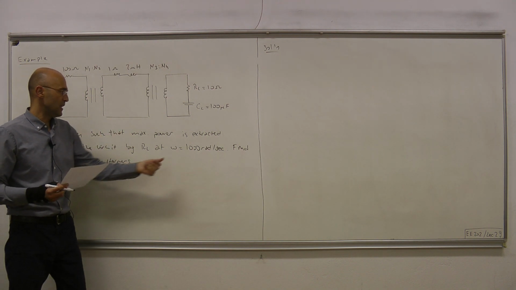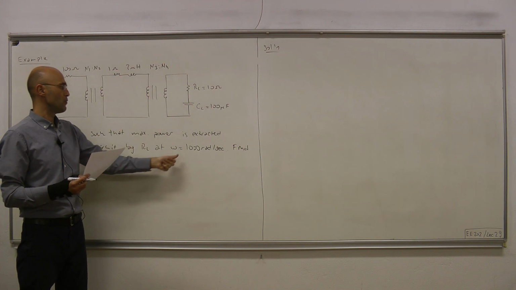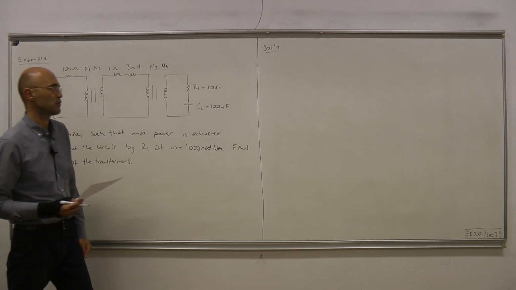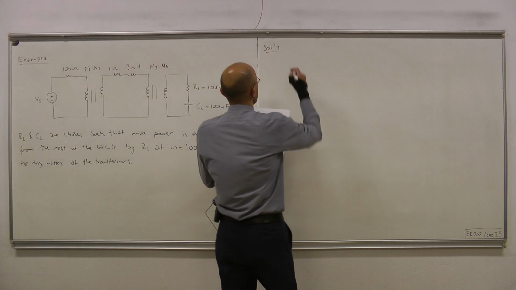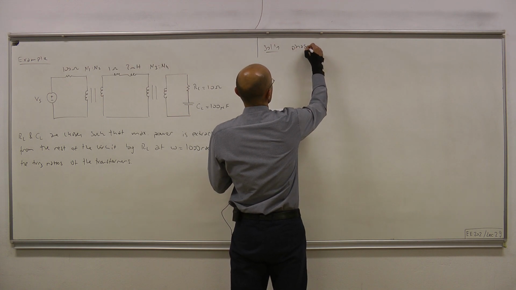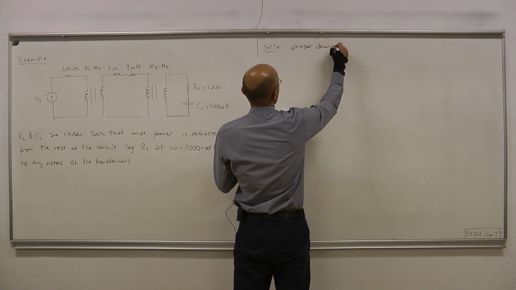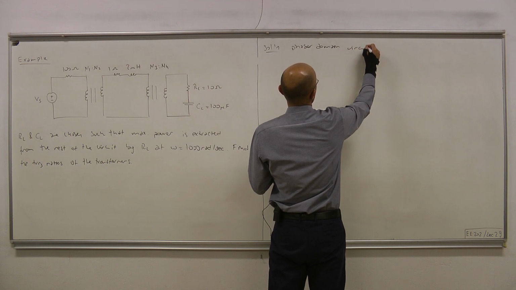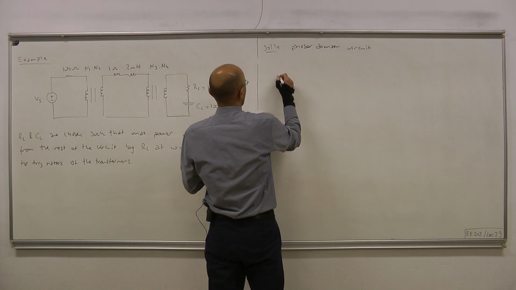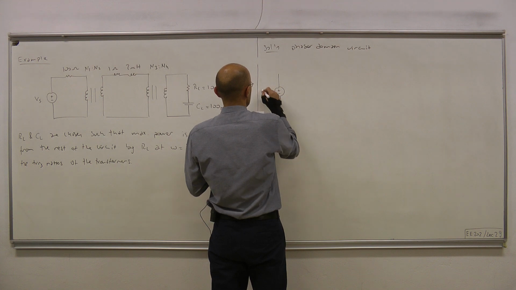Now we have everything we need. We have the parameter values, and also we have the frequency of oscillations, omega. So the phasor domain circuit is as follows.